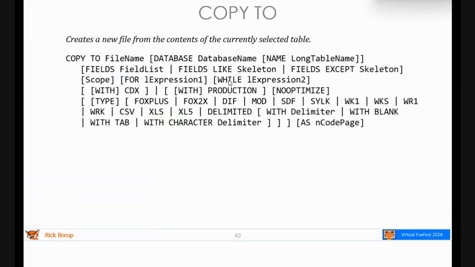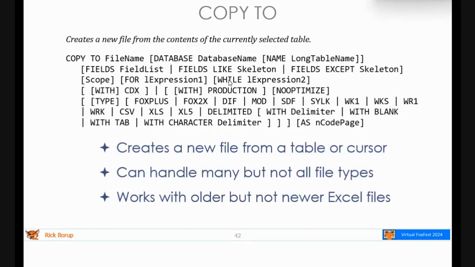Whereas on the importing side we had the APPEND FROM command, FoxPro on the exporting side gives us the COPY TO command. And like APPEND FROM, it can handle many different file types, but again, not all of them, and certainly not any of the newer Excel file types.